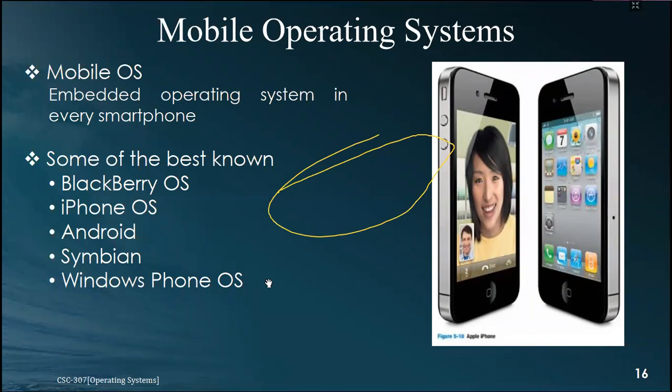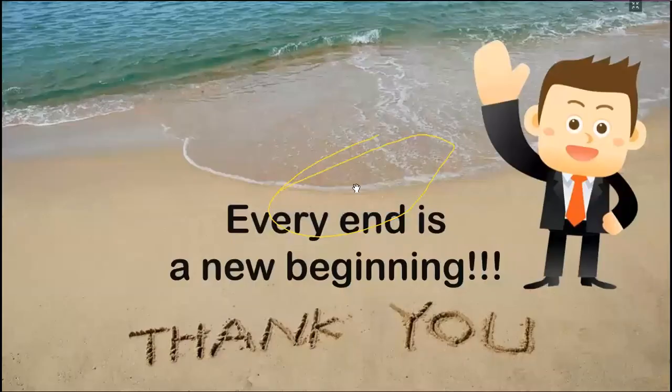But somehow Windows Phone didn't get that much attention and it failed. It's also not easy to use. One of my relatives had a Windows Phone, and I found that using Android is much easier for them. So thank you. Today this is where I will stop our lecture.